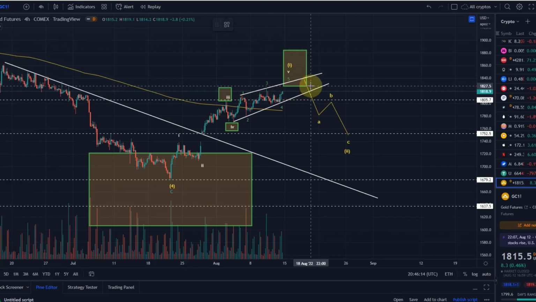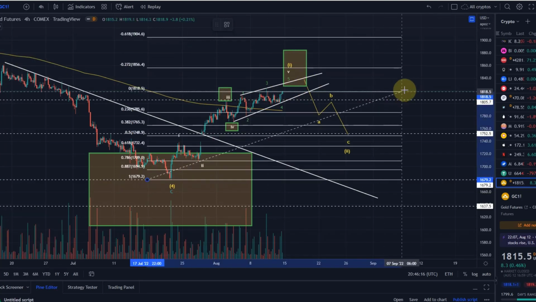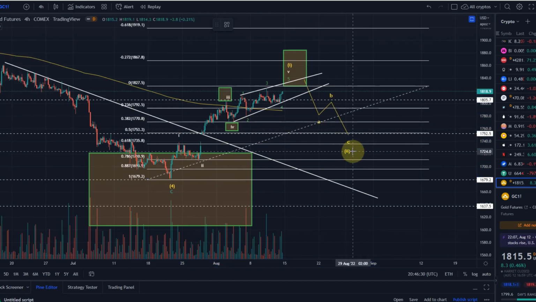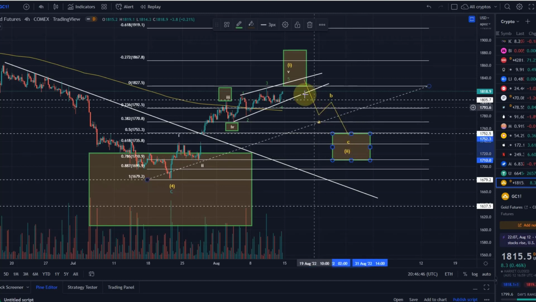Now, let's say we reach here the 1828 level. Then we can also start to formulate a target area for that overall move down. I would use the area between the 78.6% Fibonacci retracement level, that is at 1711, all the way up to, I would say, the 50% Fib retracement, which is 1753.